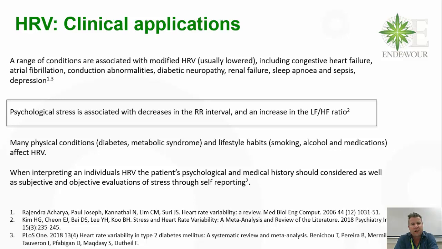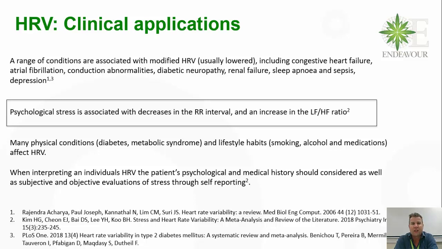You also see significant changes in HRV in diabetic neuropathy, renal failure, sleep disorders, and depression. Okay? So it's not just something that we can use to assess cardiac function and stress, but it's also used clinically to diagnose lots of other particular health conditions, particularly stress and particularly depression.